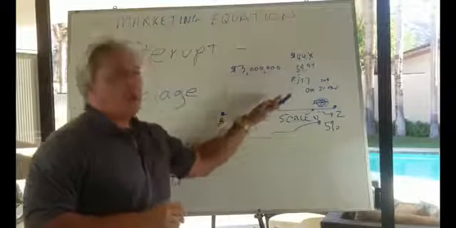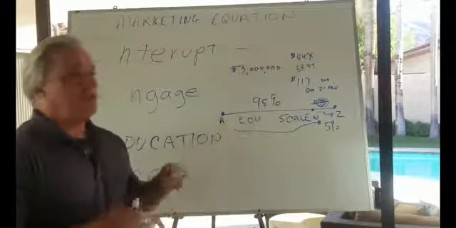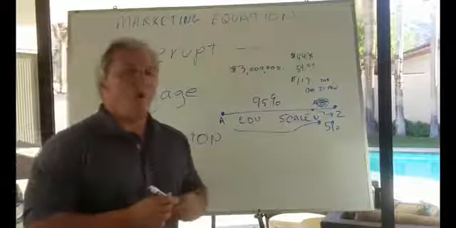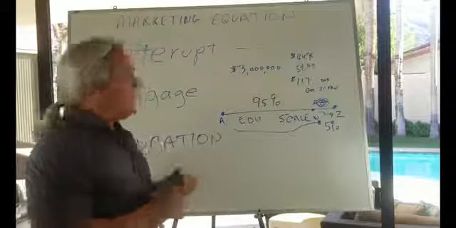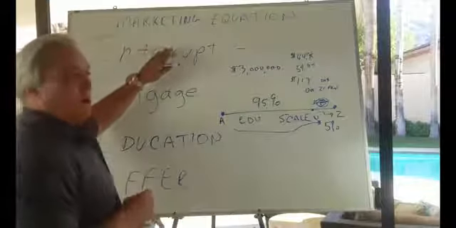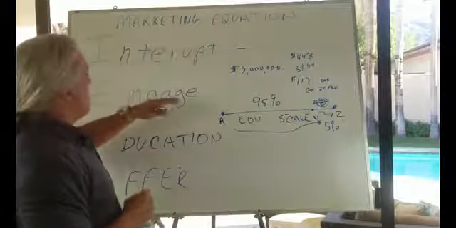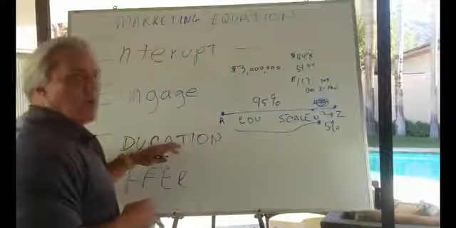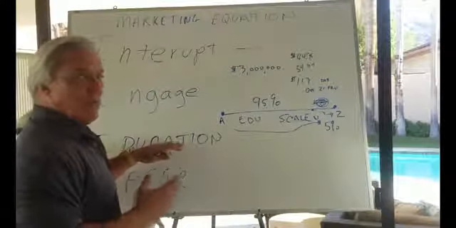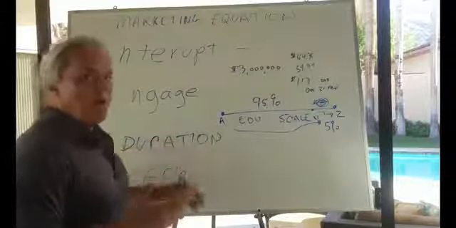But that product, from 2002 to today, has done over $100 million. $100 million with one product because we found a way to interrupt our target market. We then engaged them. We created validation on why this product worked and why they needed to fix their problem. And then we made an offer they couldn't refuse.